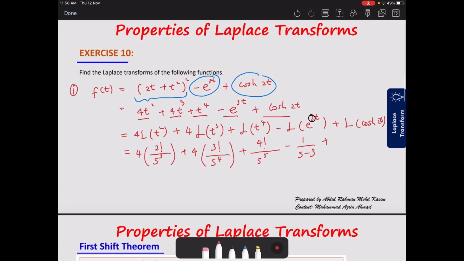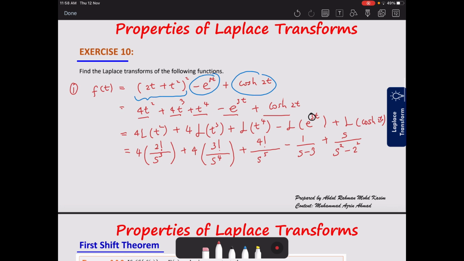So you will have s over s squared minus a squared. Remember, because it's cos, it should be s over here. Due to hyperbolic, you need to have minus here. So this is your answer. You may simplify it by finding this value. You can do that on your own.